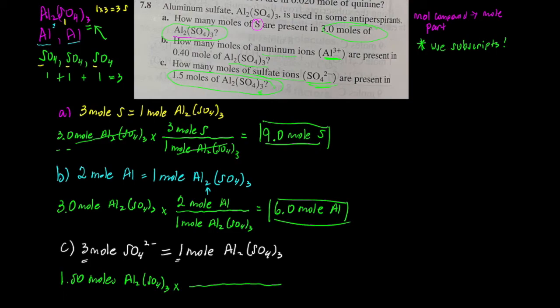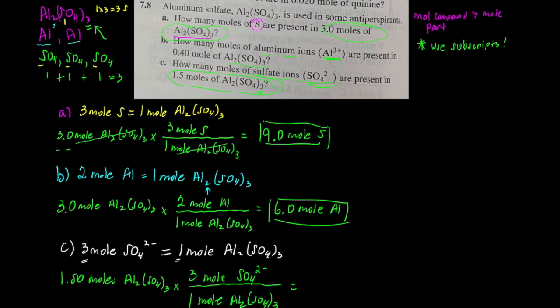And we want the moles of the compound to cancel. So 1 mole of Al2(SO4)3 goes on the bottom. And that leaves us with 3 moles of SO₄²⁻ or sulfate ions up on top. Okay, and so multiply that out.